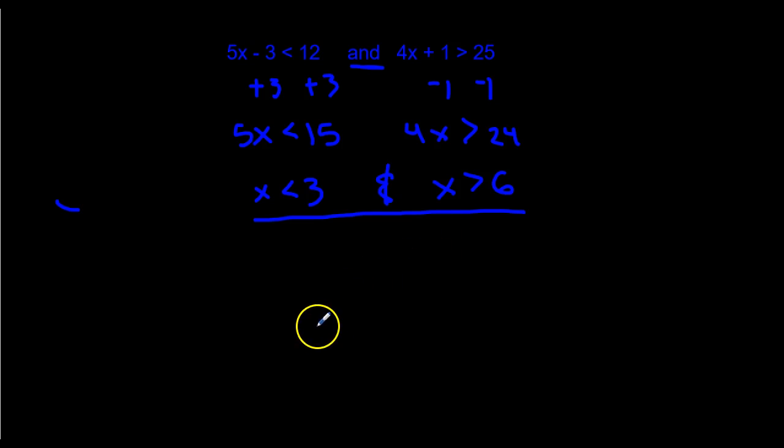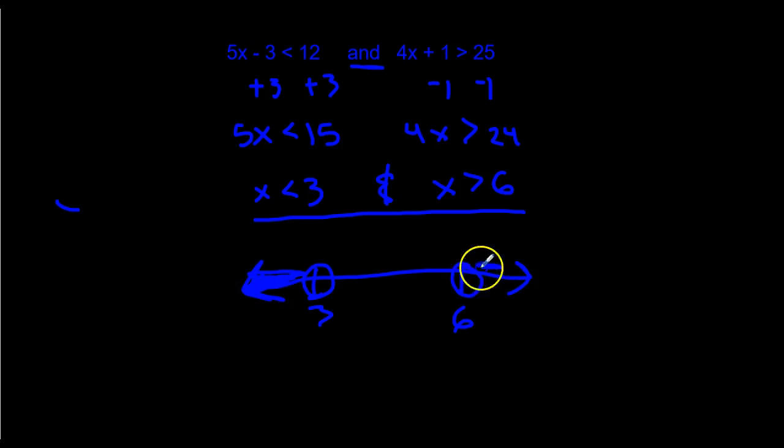Well, there are no numbers that are less than 3 and greater than 6. So you might start out graphing this, and you might put a 3 here, and you might put a 6 there, and you might put open circles. You should. And you'll say it has to be less than 3, so it's all this stuff over here with a big arrow. And it has to be greater than 6. And so it looks like that.